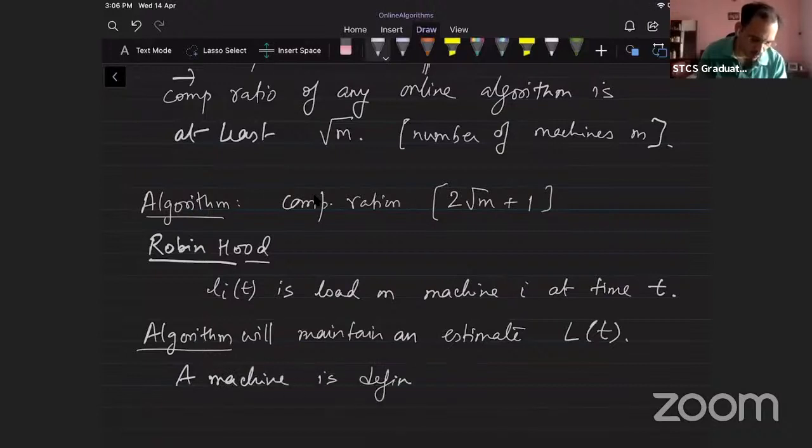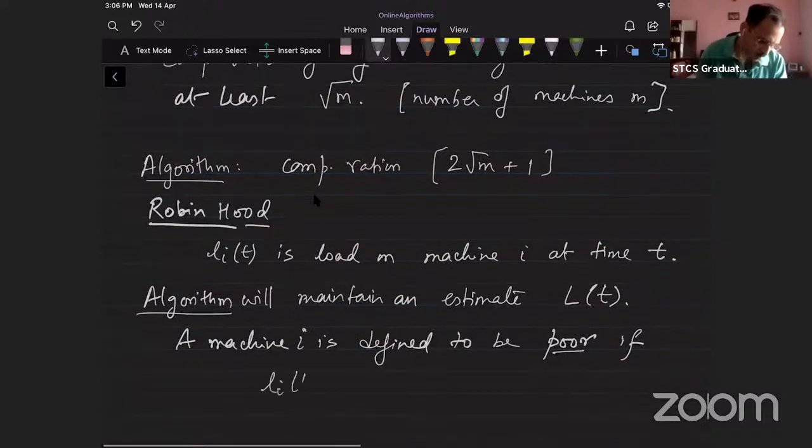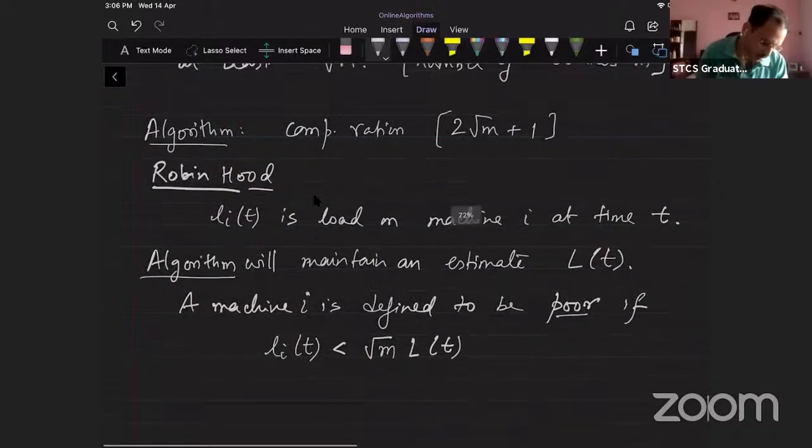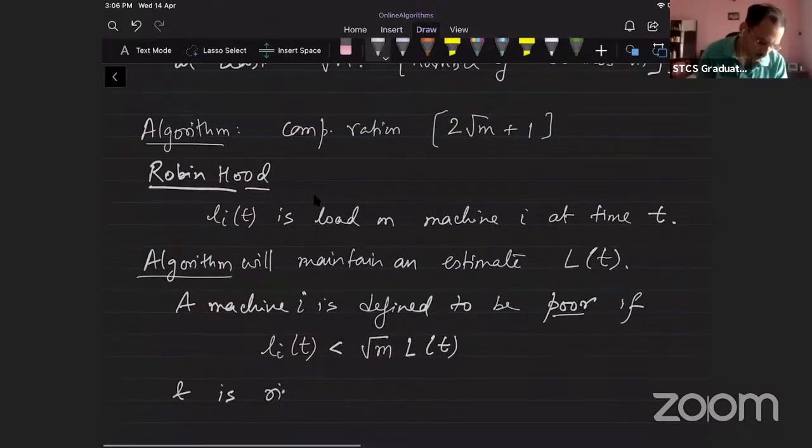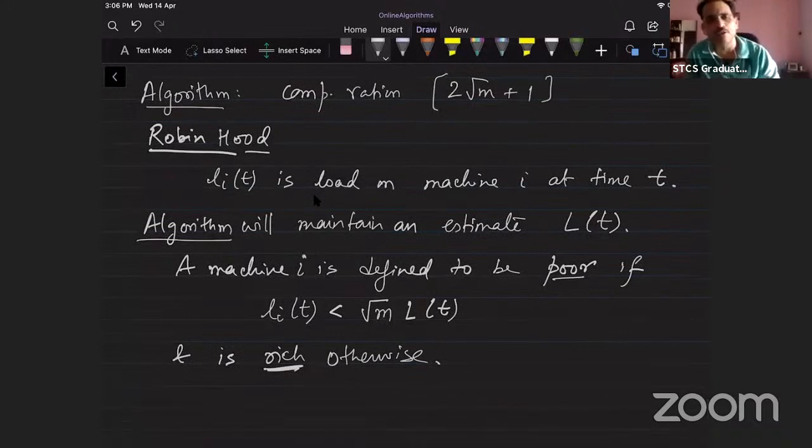A machine i is defined to be poor if Li of t is less than square root m times L of t, and is rich otherwise. So a machine is either defined to be rich or poor depending on this estimate L of t multiplied by square root m. That's the inflation factor.